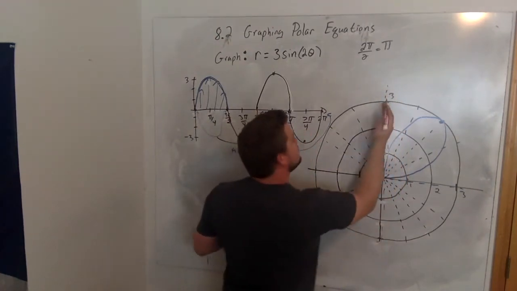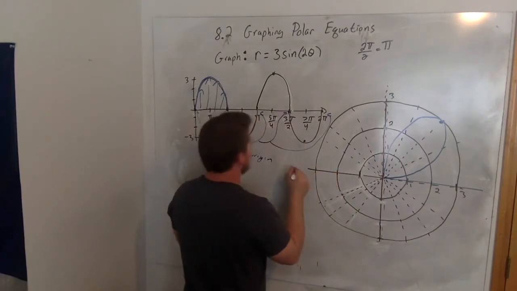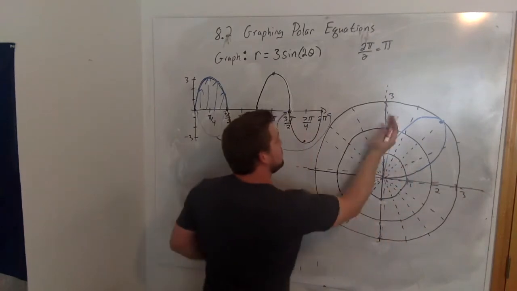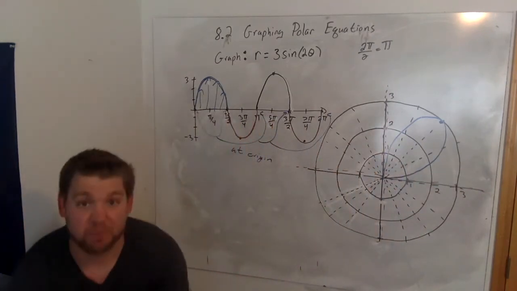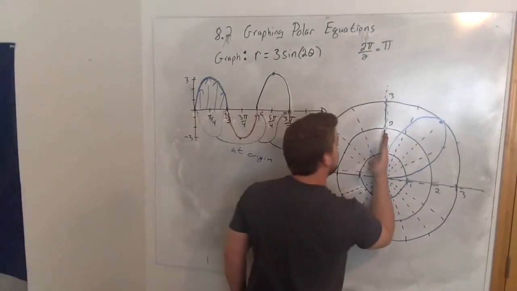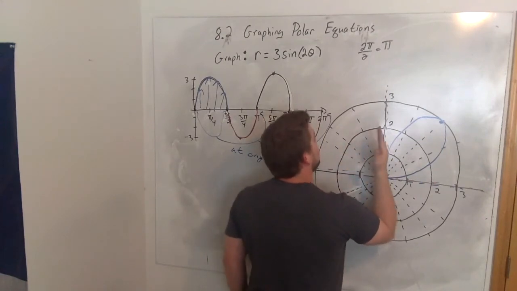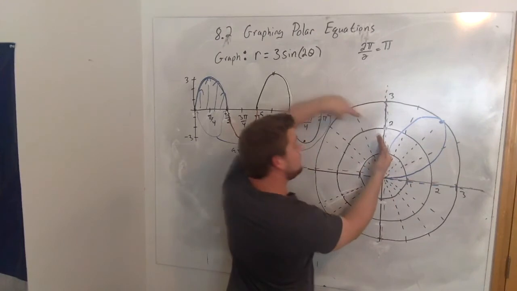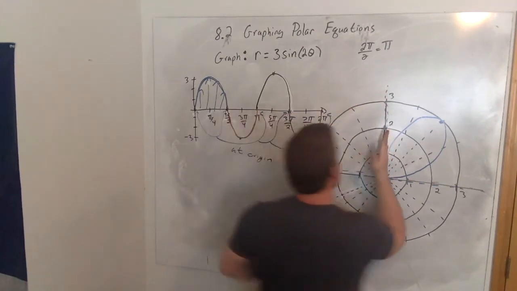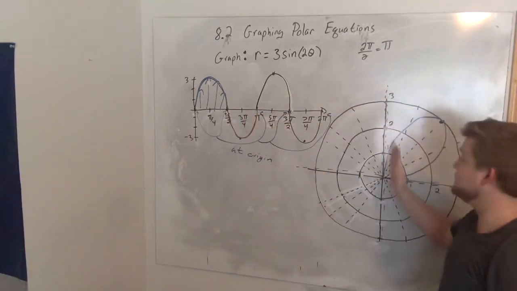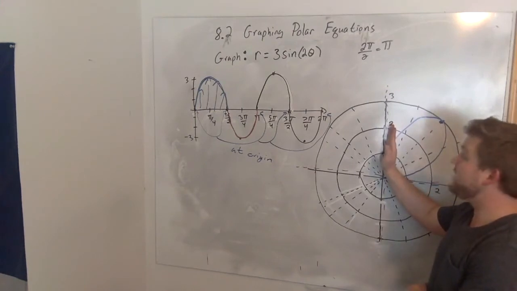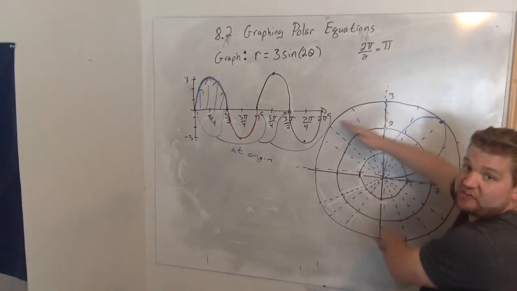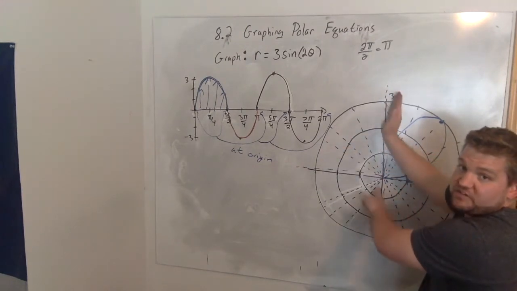Here's pi over 2, and here's pi. If the radius was positive, the entire leaf would be contained in here. However, since the radius is negative as we rotate from pi over 2 to pi, we're actually going to get a piece of the leaf in, I guess this would be the 4th quadrant.